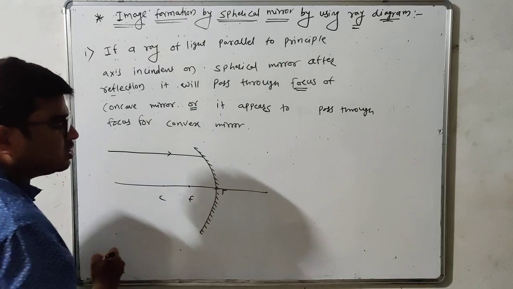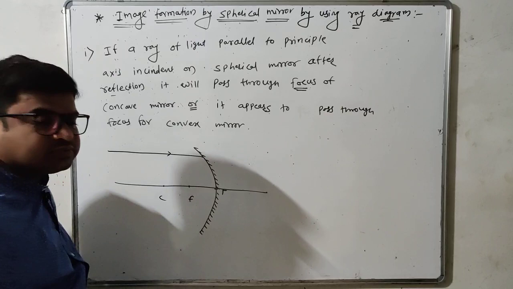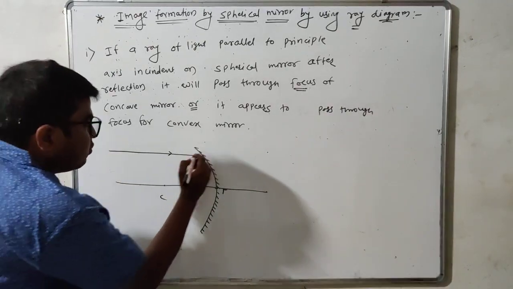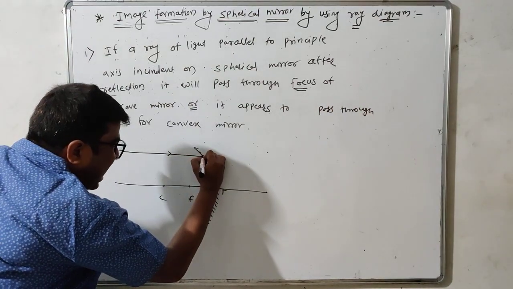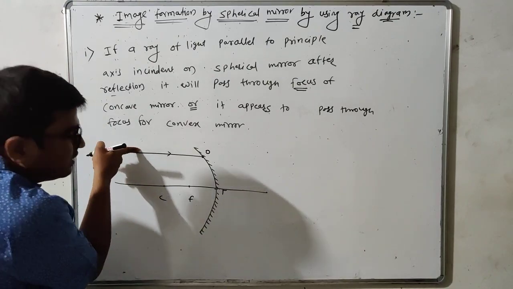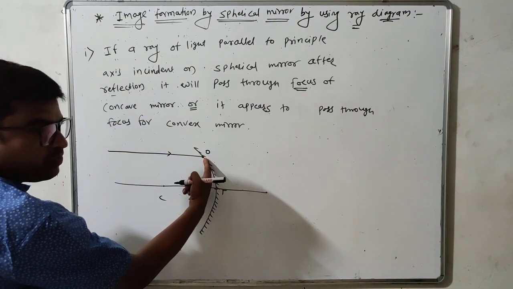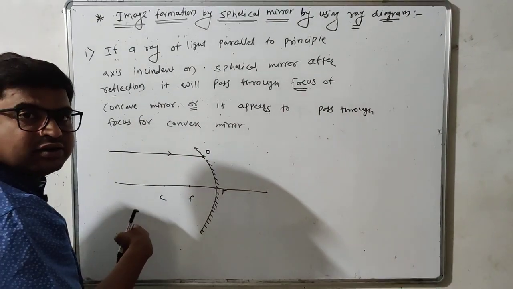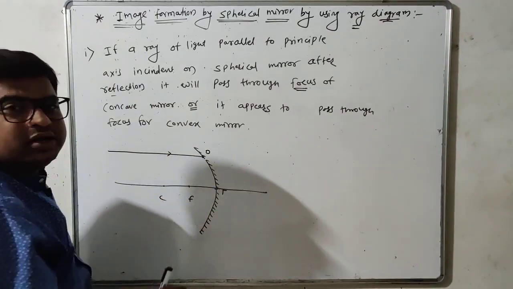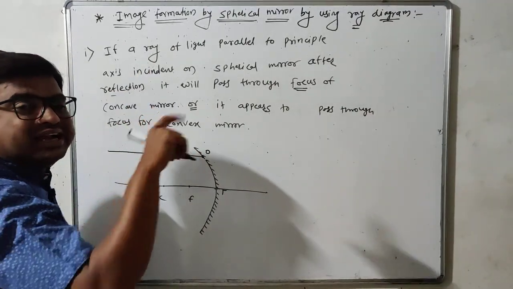How does it pass through the focus? Let us understand this by considering the laws of reflection. Now student, we know that this is the incident ray, which falls on the spherical mirror at point O. To find the angle of incidence for this ray, we need to draw a normal from this point of incidence O, and we already studied that a radius drawn to any point is normal to that spherical surface at that point.